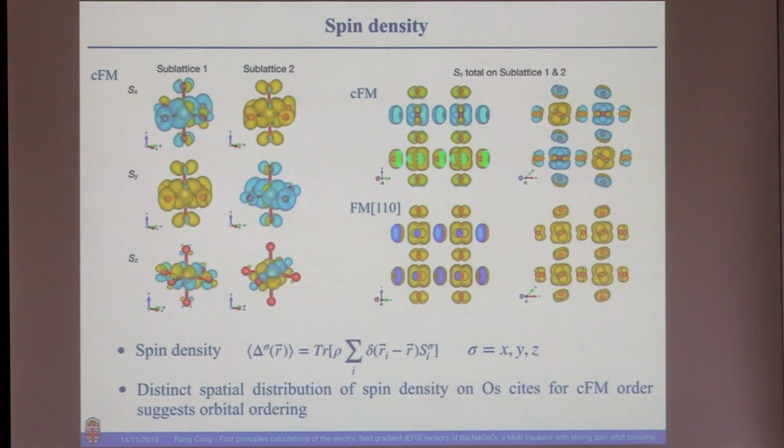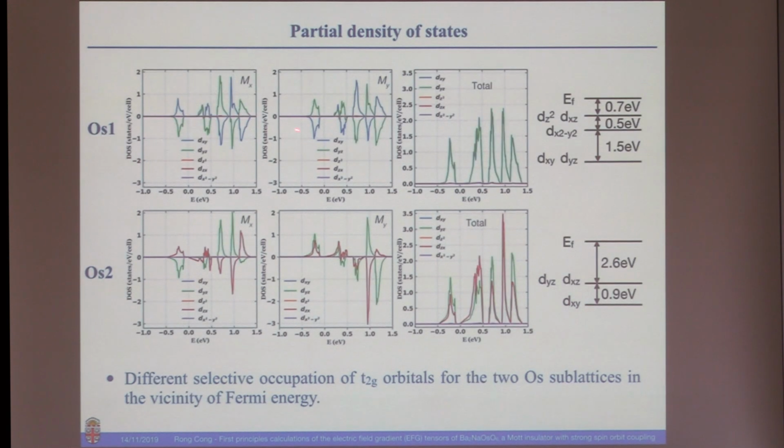And this is a spin density of two different magnetic orders, which shows a different pattern for the canted case and the ferromagnetic 110 case. And this is the partial density of states for the two osmium atoms, suggesting a selective occupation of the t2g level for the two osmium atoms.